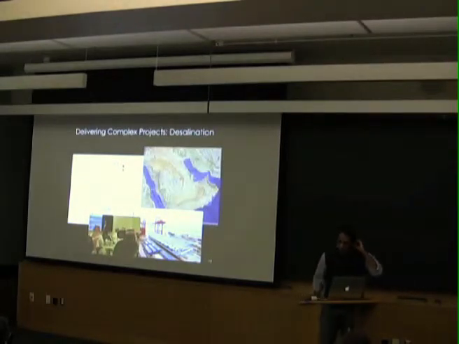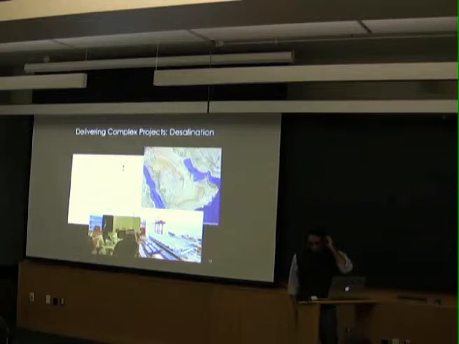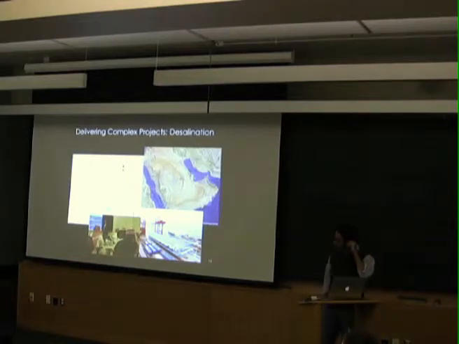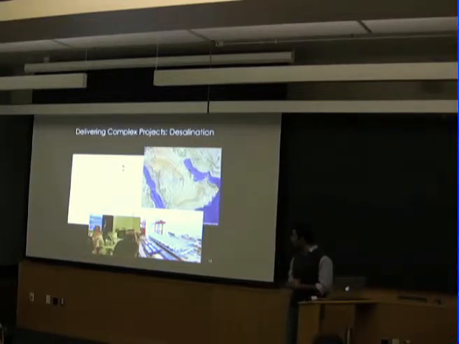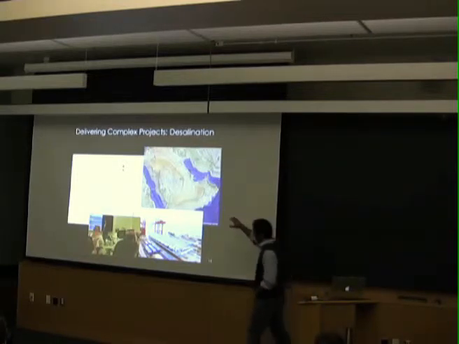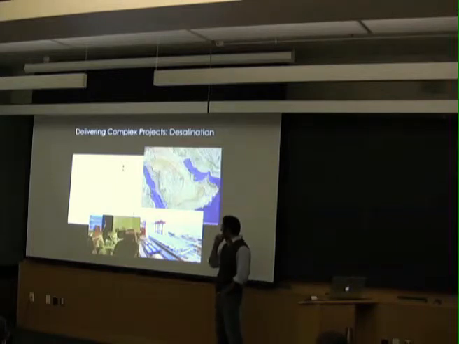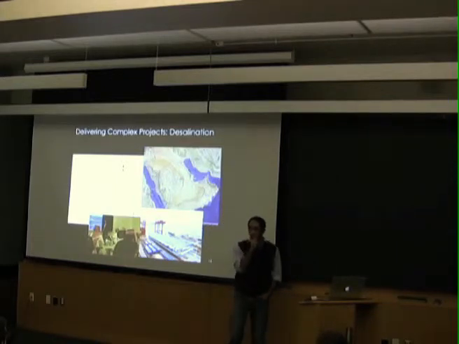I got into the topic of desalination because of a project that we have here at MIT under the Center for Complex Engineering Systems with the KACST Research Center in Saudi Arabia, which is their equivalent of the NSF. As you can see in this Google map image, Saudi Arabia is a very arid place.